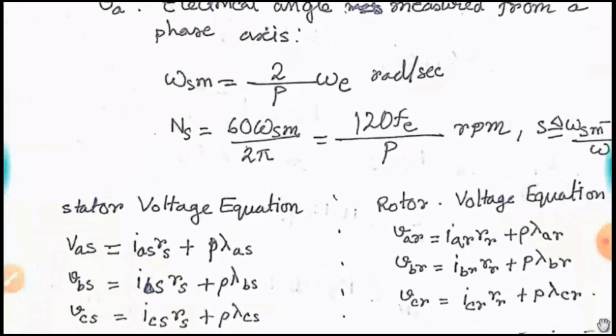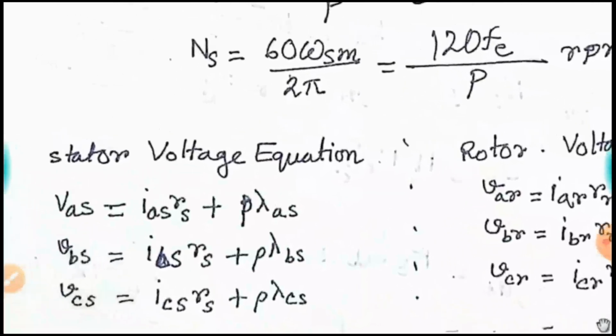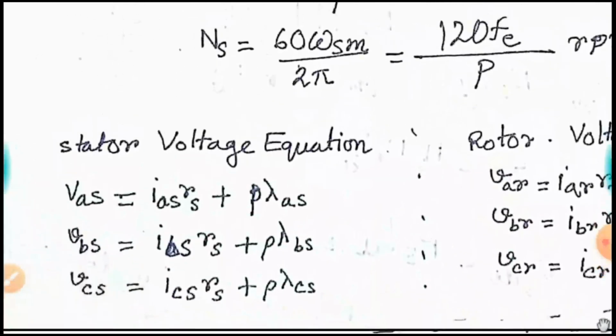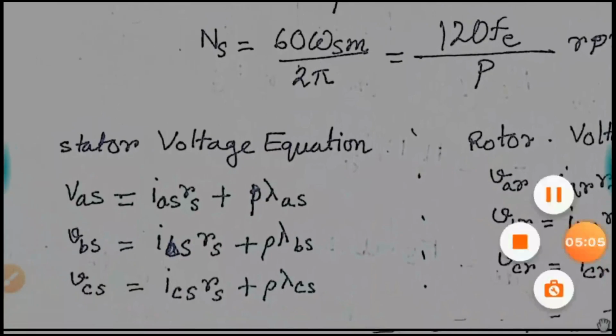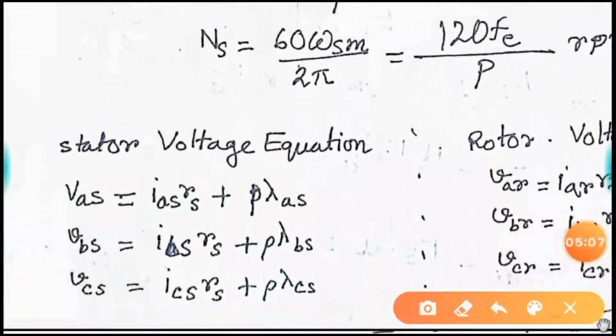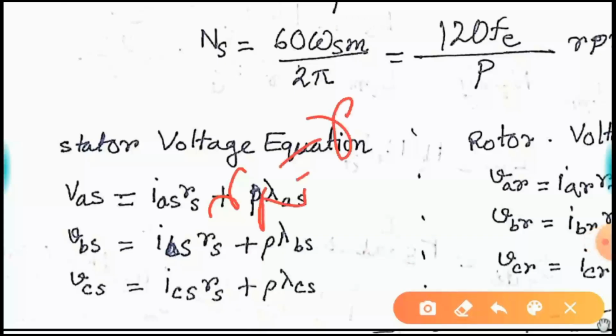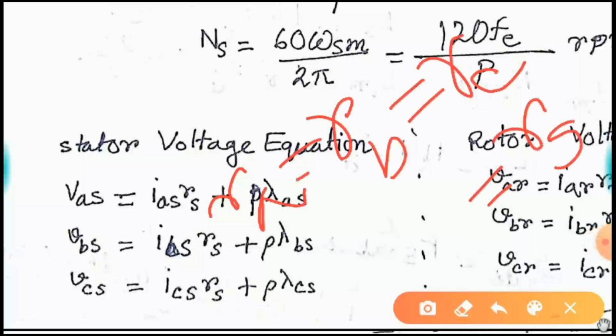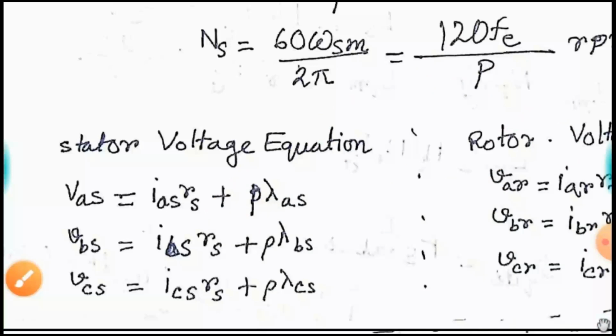In the stator voltage equation we can see IAS, the stator A phase current, and RS, where I am assuming RA is equal to RB is equal to RC is equal to RS, as all the windings are even in nature.